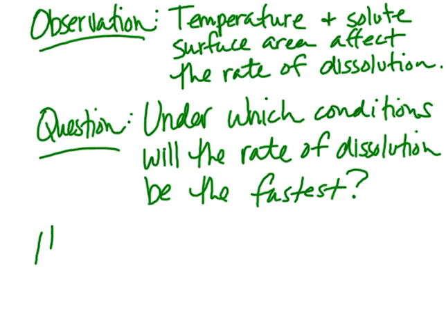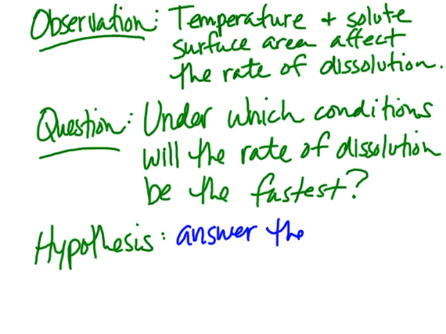Now, remember, for your hypothesis, all you're going to do is just answer the question. You can say anything along the lines of room temperature and table salt surface area, or you can say warm water and rock salt temperature, or warm temperature and rock salt surface area.